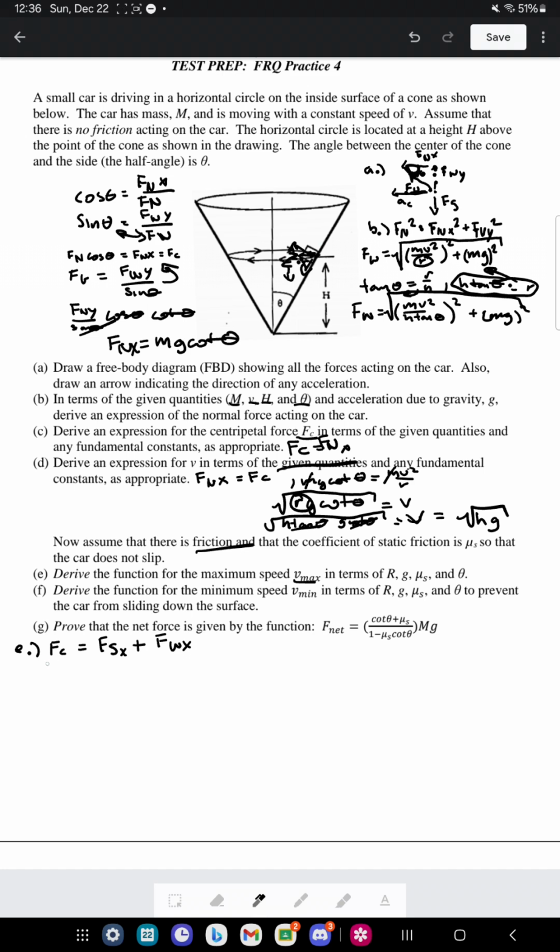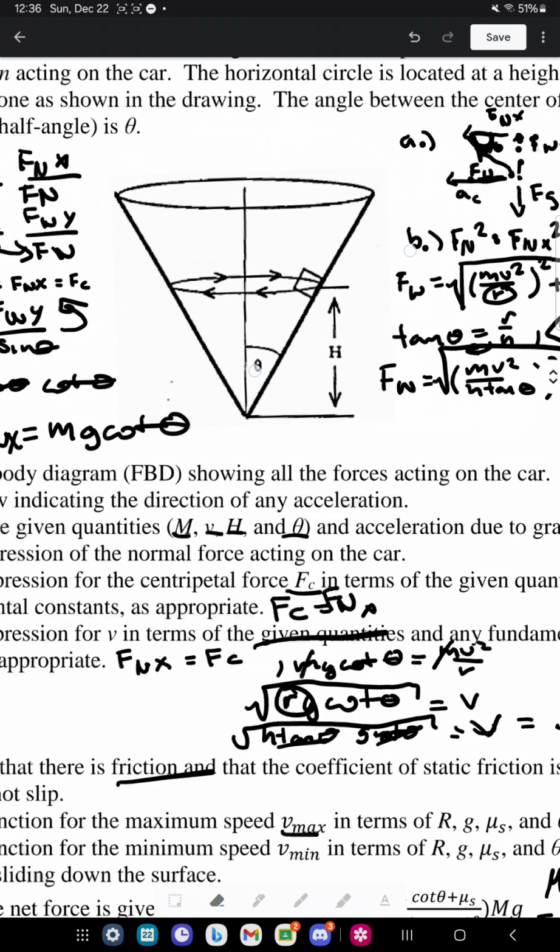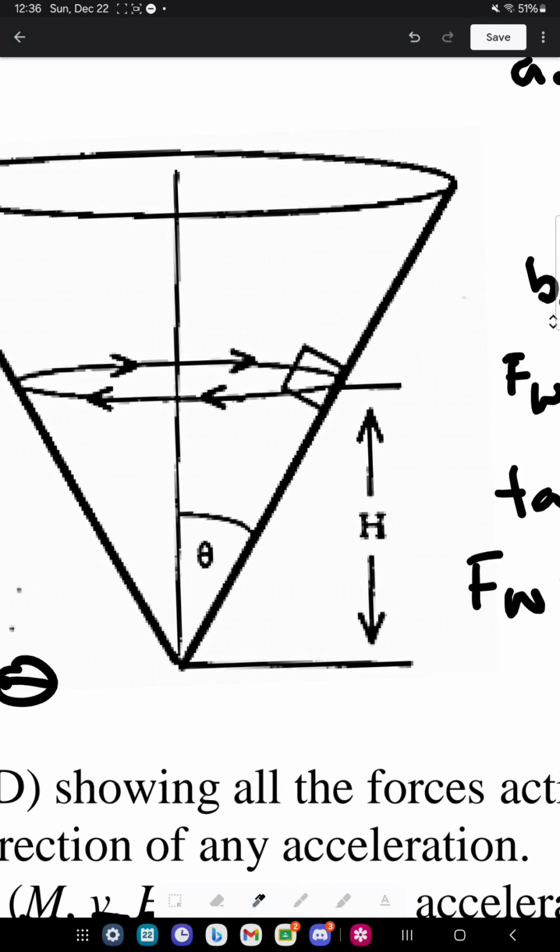Let's see, we can substitute Fc for v squared over r equals to F of s is, let's see, mu s equals to F of s over F of n, and F of s equals to, let's see, where is theta on this.